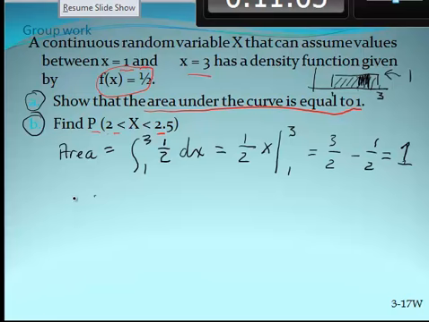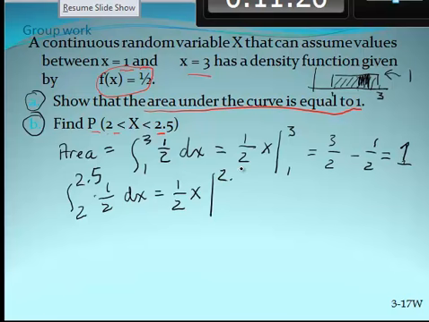So, indeed, if we integrate from 2 to 2.5 of 1/2 dx, that is 1/2 times x, evaluated from 2 to 2.5. You can do that in your head, but it equals 1/4 by the time you're done.